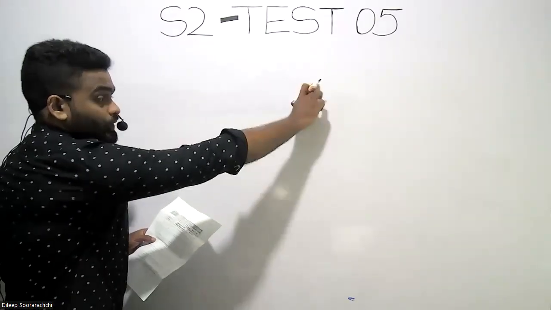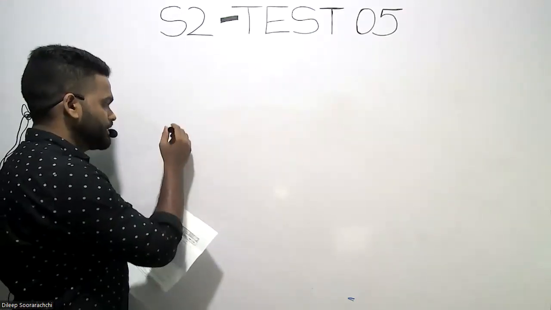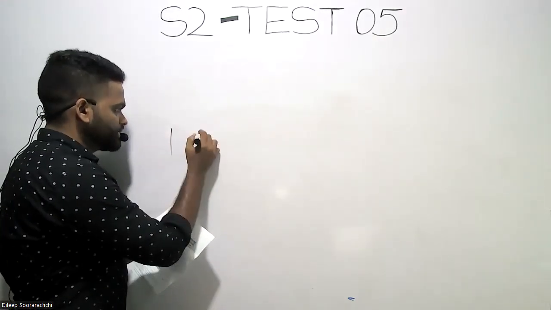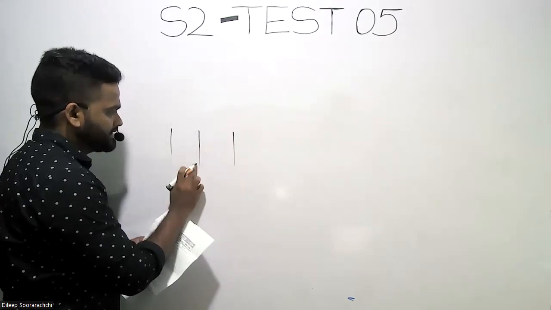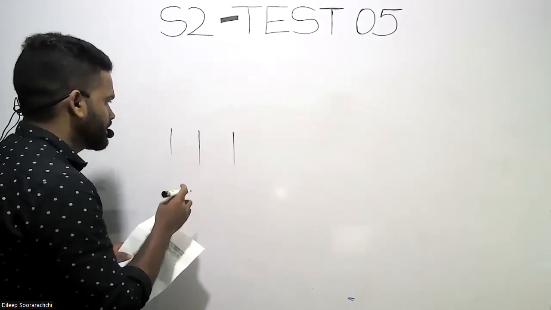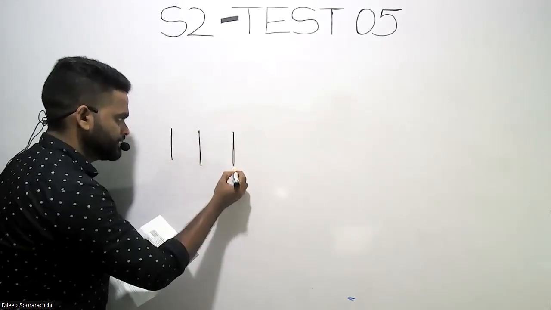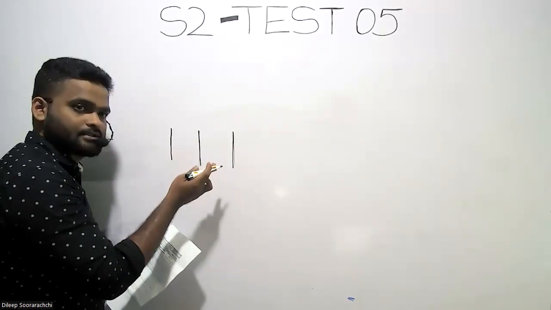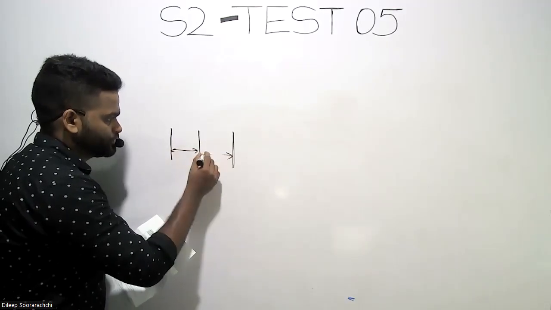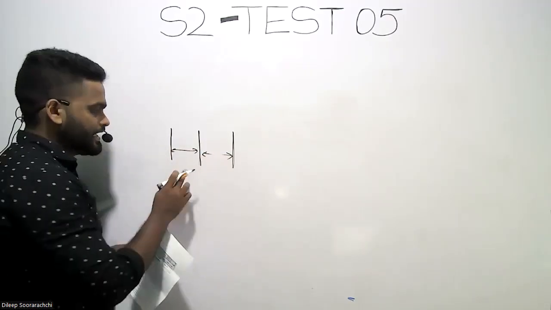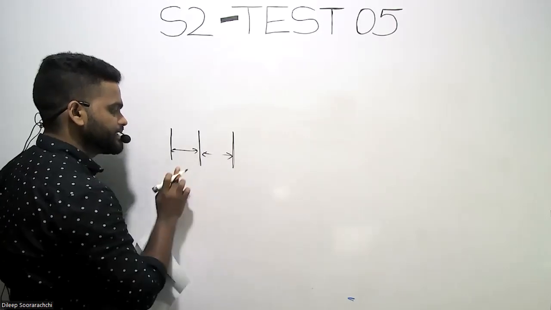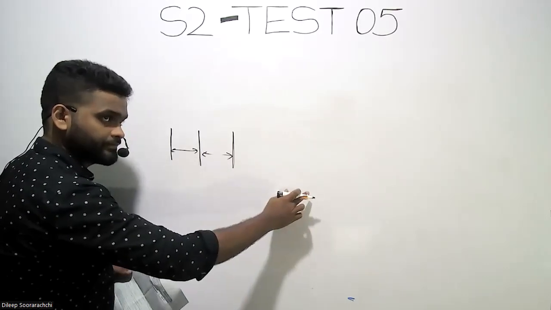Before drawing 24 musical forks, I'll just draw 3 musical forks. Let's say these are the 3 musical forks. If there are 3 musical forks, the number of gaps is 2. If there are 4 musical forks, the number of gaps should be 3.